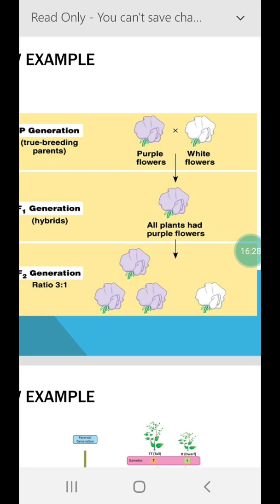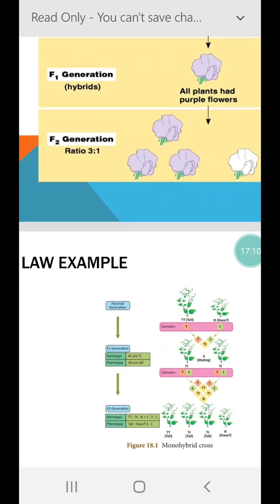Means the white flower color is a recessive trait which is not expressed in the F1 generation, but it is present there but not expressed. But when you consider the F2 generation, this white flower trait is again expressed but in a minor ratio. So the dominant characteristic is expressed in major ratio, and the recessive character is expressed in minor ratio. So the ratio is 3:1.